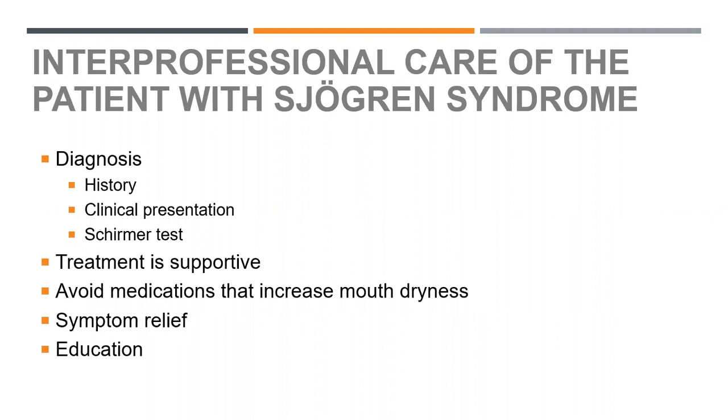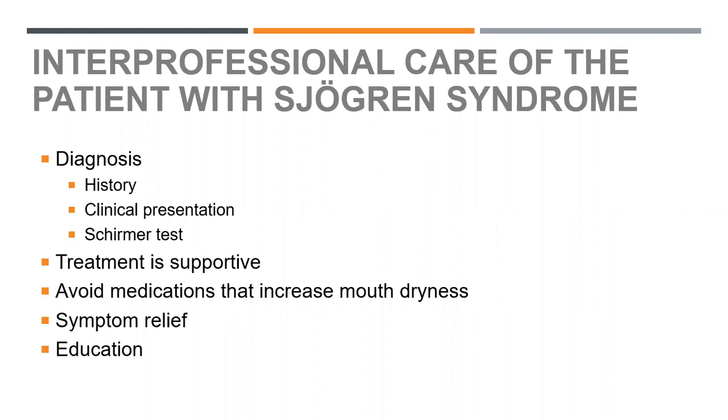We want to make sure we're doing very good oral care using toothpaste and mouthwash. Chewing gum is effective for some people to help increase the saliva within their mouth. Basically, we end up treating the symptoms of dryness through different mechanisms and different medicines.